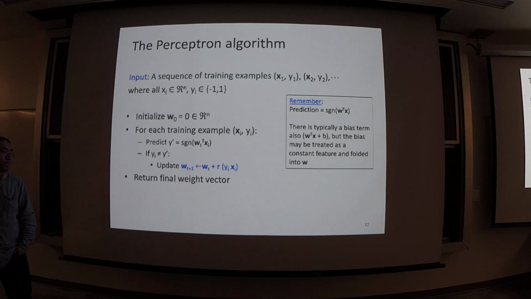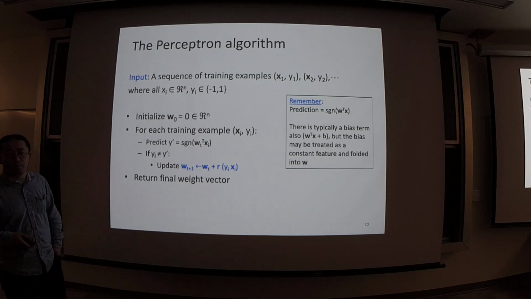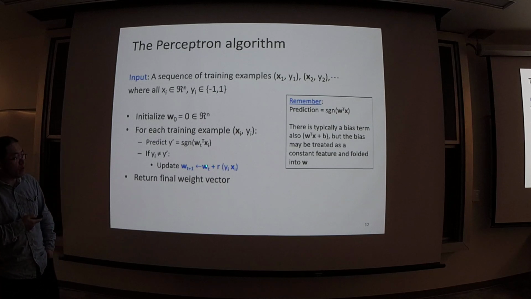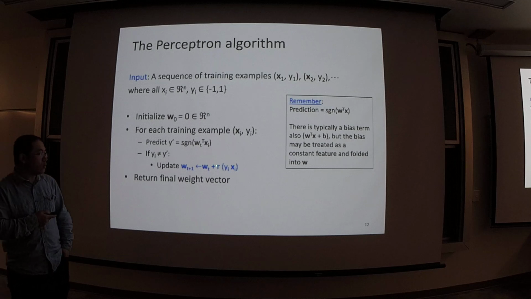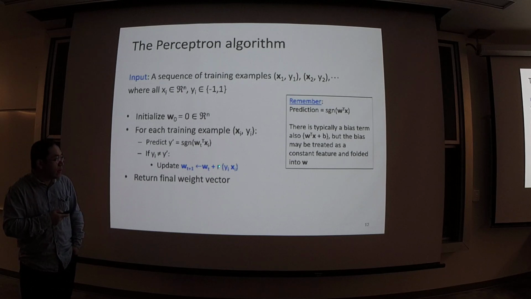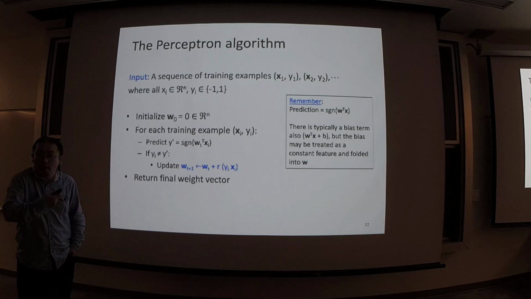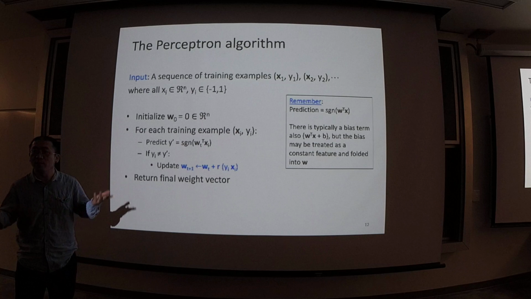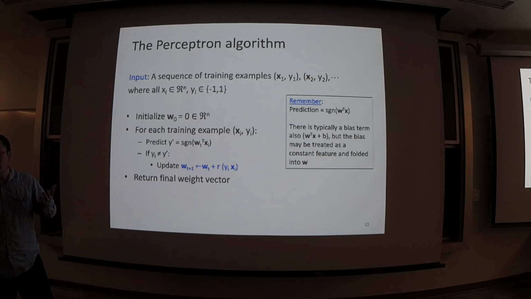So how can I update it? I use this rule. So I update my current weight vector Wt by adding it to a constant r multiplying with yi xi. So r is also called learning rate. So here you just assume it is a positive constant, same as our stochastic gradient descent or gradient descent, right?